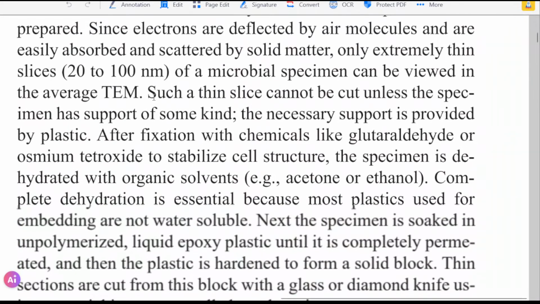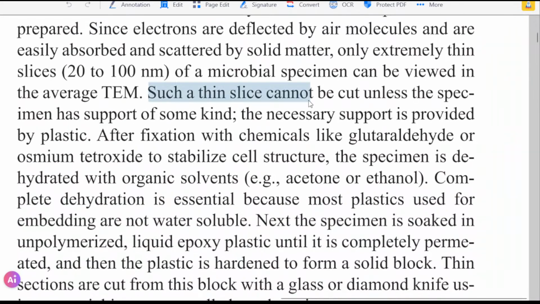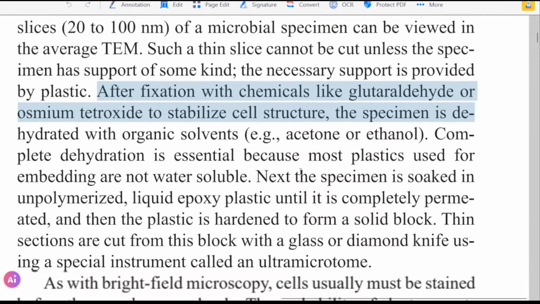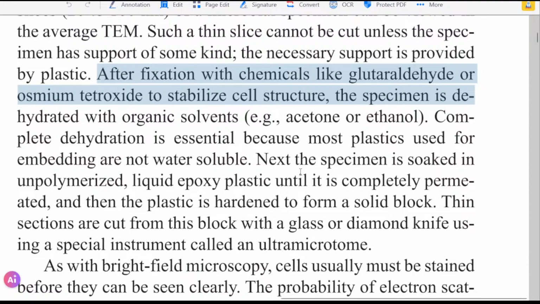Such a thin slice cannot be cut unless the specimen has support of some kind. The necessary support is provided by plastic. Even the slide you used is made of plastic. After fixation with chemicals like glutaraldehyde or osmium tetroxide to stabilize the cellular structure, the specimen is dehydrated.